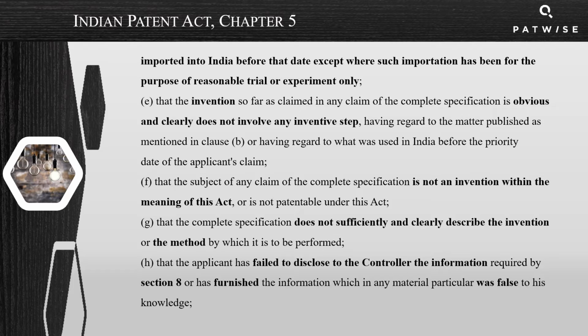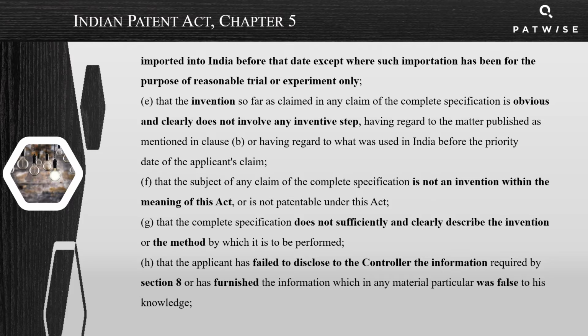If the complete specification does not clearly and sufficiently convey the best method known to the applicant at the time, so he has hidden certain facts, he is not disclosing everything. As we know, patent is granted for the disclosure to the public. So if you can prove that he has not given the best known method or has not provided sufficient data, then that can also be a ground for opposition.